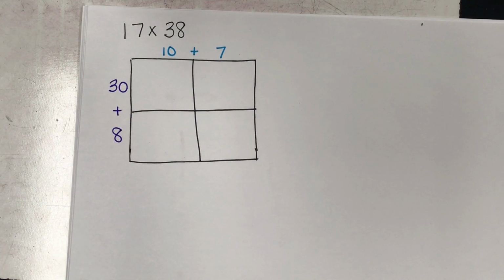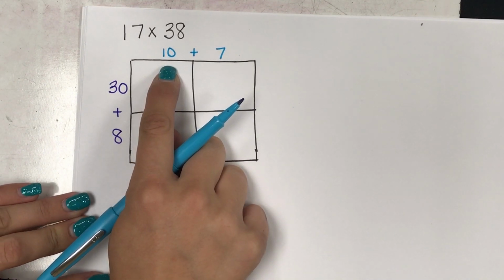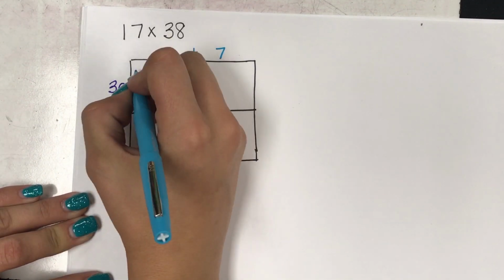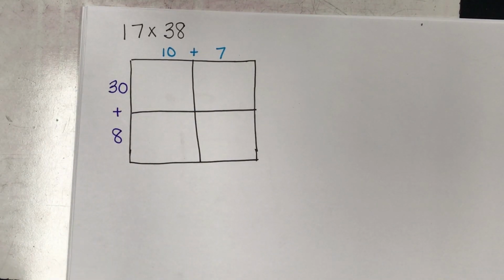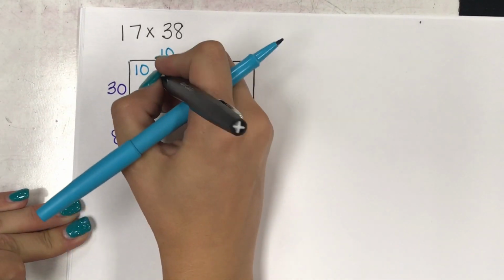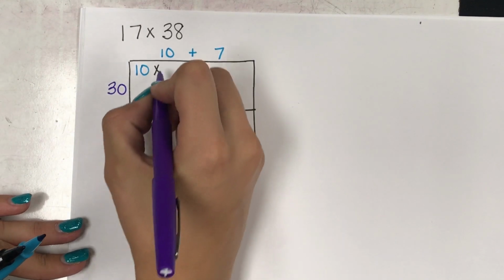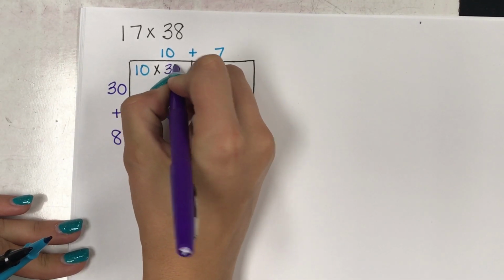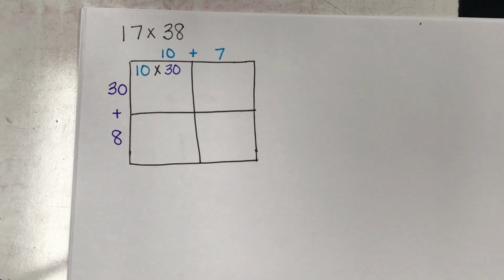So in this top left box, what multiplication am I going to do? Why? There's that 10 from the 17 and the 30 from my 38.